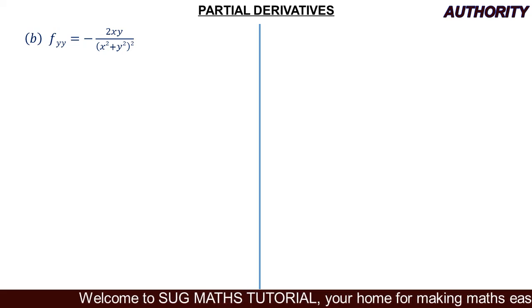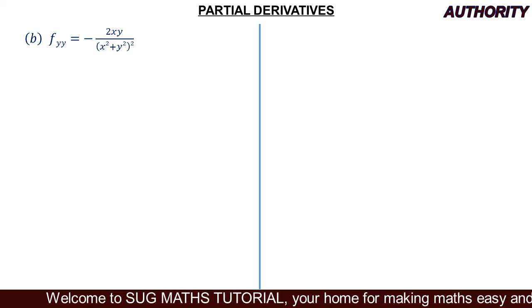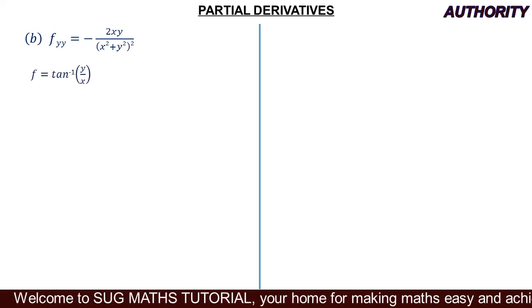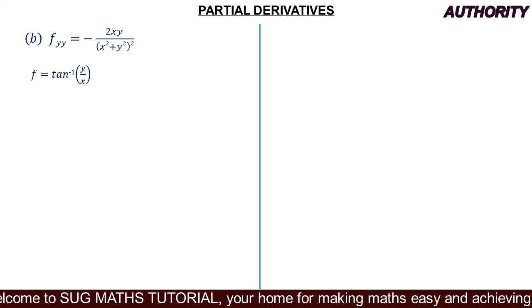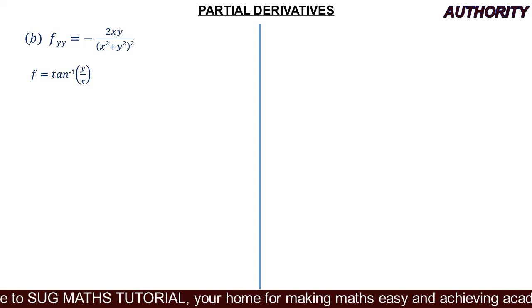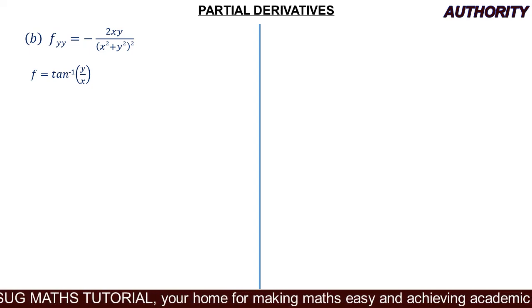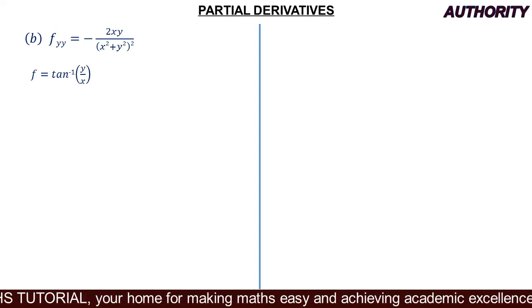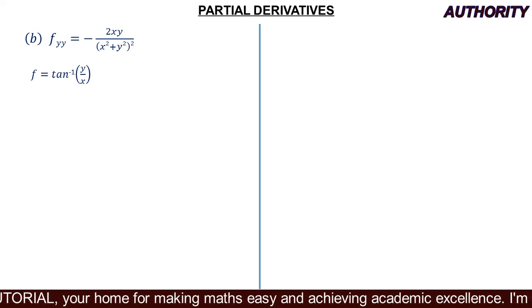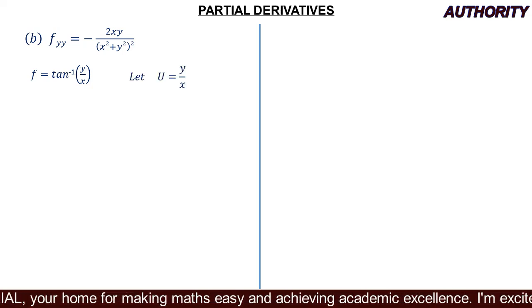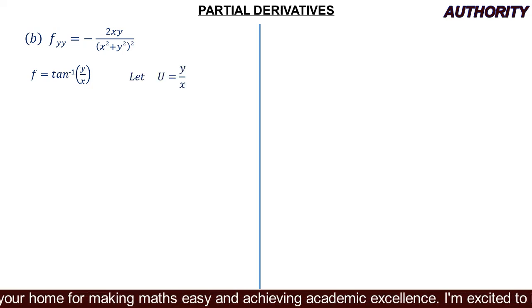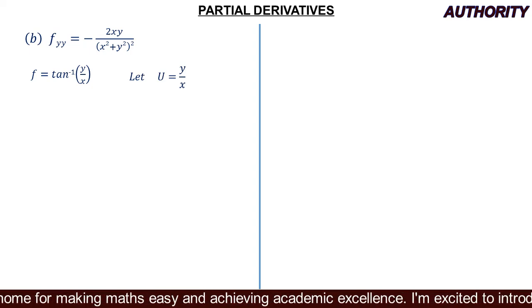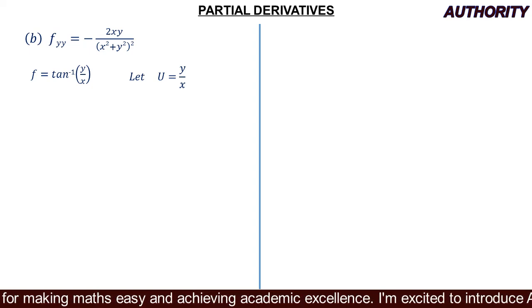Right, now let's go. Here we have f. From the function that we have, f is equal to tan inverse of y all over x. Good. So here we apply the chain rule as usual. So we're going to declare a variable u. We say that u is equal to y all over x, right? So at this point, we are differentiating partially with respect to y.